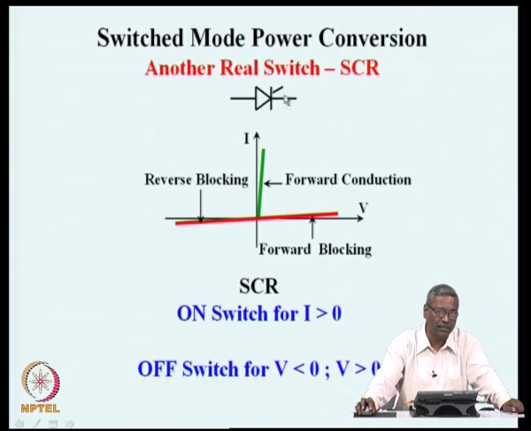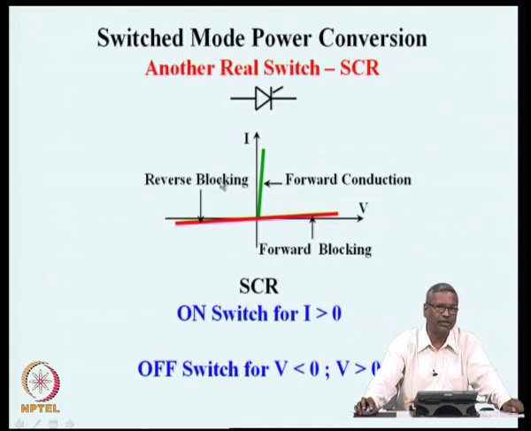This is a switch which has some control possibilities. It has an anode and a cathode, two terminals just like a diode, which are the power terminals, and it has a pair of control terminals which is the cathode plus the gate. This cathode is a part of power terminal as well as control terminal. Anode is the power terminal, and the gate, which is the third terminal, is a control terminal.